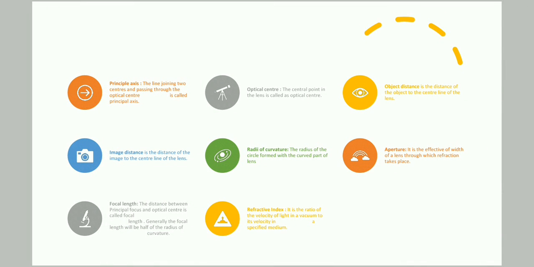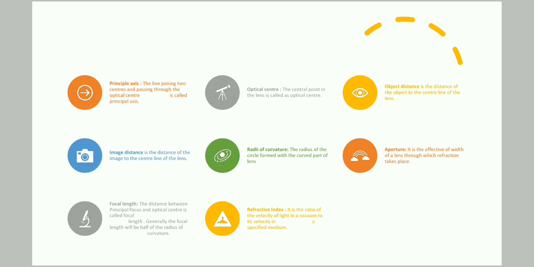So, the basics of the lens are given here in the following points. First of all, we have to know what the principal axis is. The principal axis is the line joining the two centers and passing through the optical center.